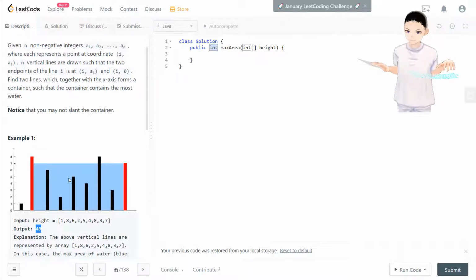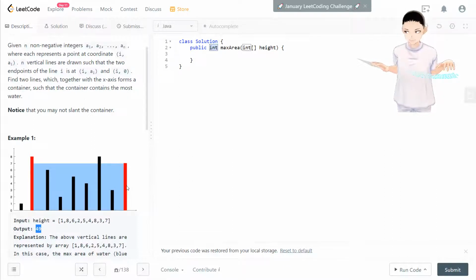Then we compare left max and right max again. If left max is higher than right max, then we move the right max. Always move the lowest one to capture as much as possible.